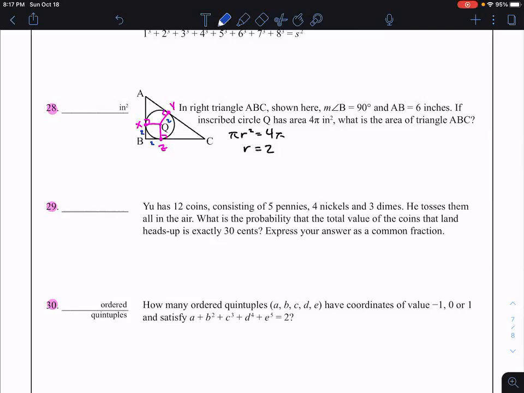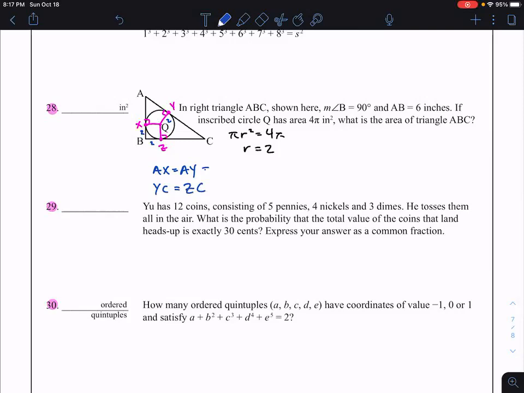So we know that AX is equal to AY because of the tangent property. And we also know that YC is equal to ZC.